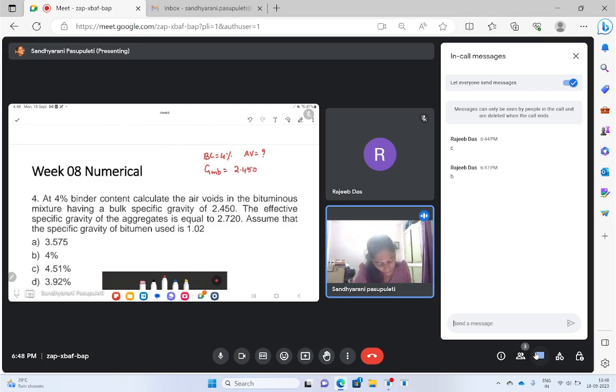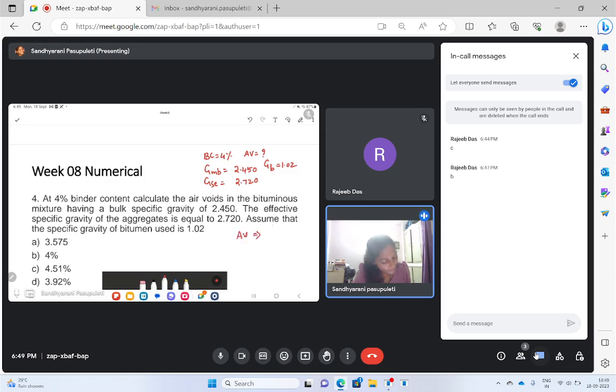The effective specific gravity of aggregates is equal to 2.720. Assume that the specific gravity of bitumen is 1.02. Currently, they are asking us to calculate air voids.